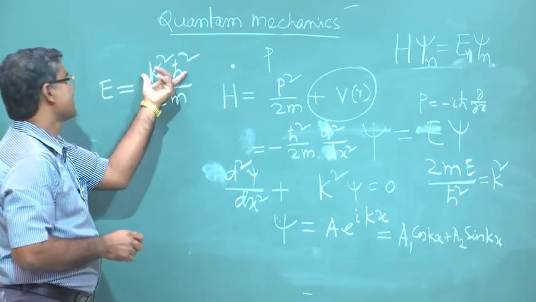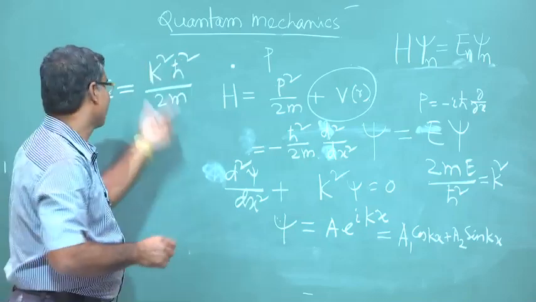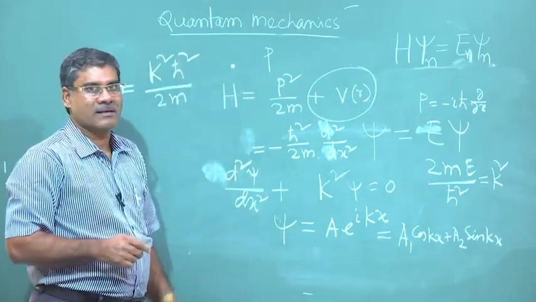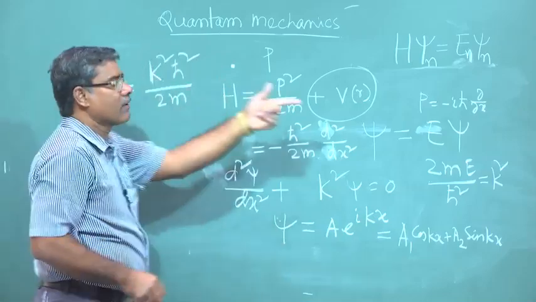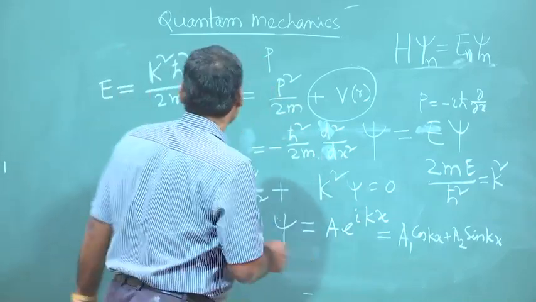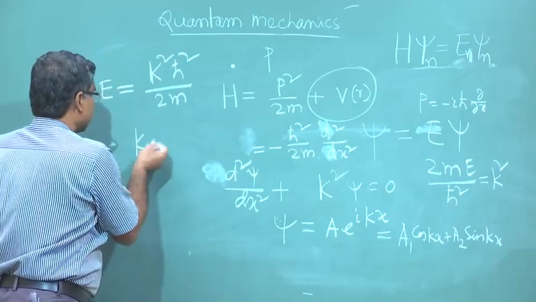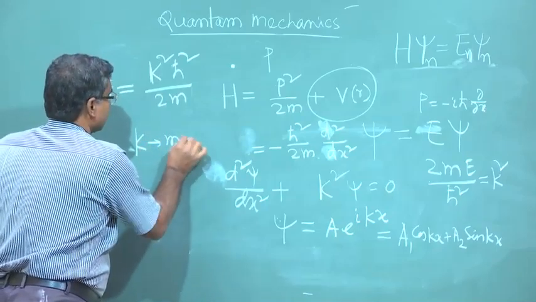And you know this is nothing but p square, you know, k square h cross square is nothing but p square, okay. So this k is basically called the momentum vector. K is called momentum vector.